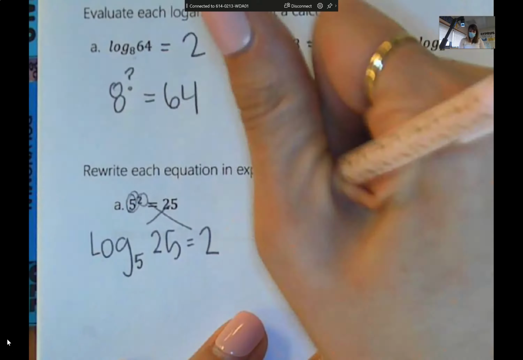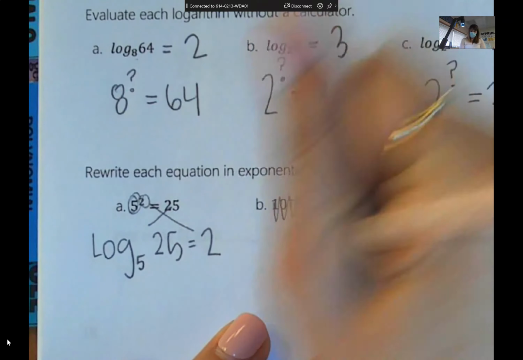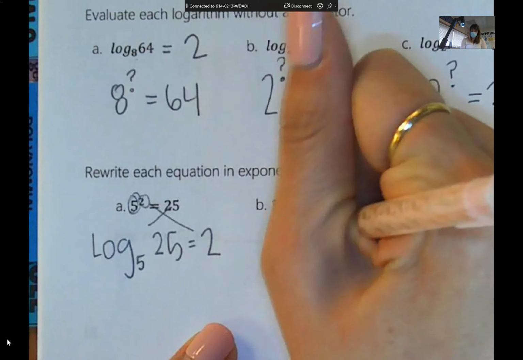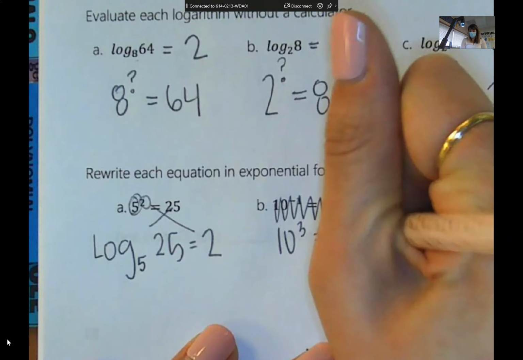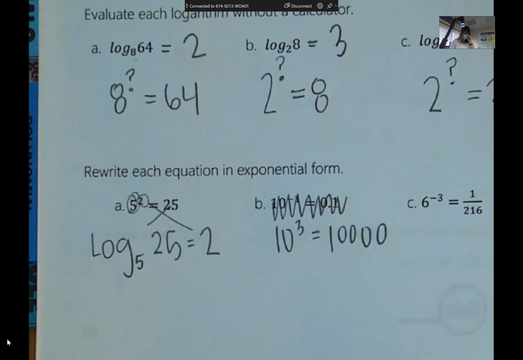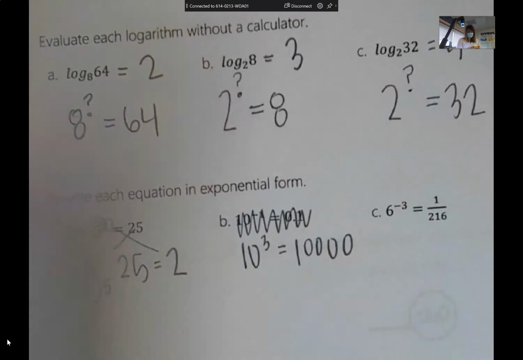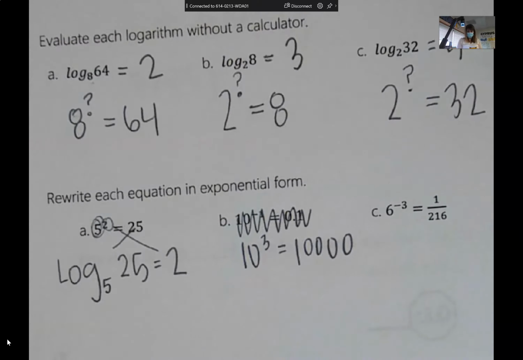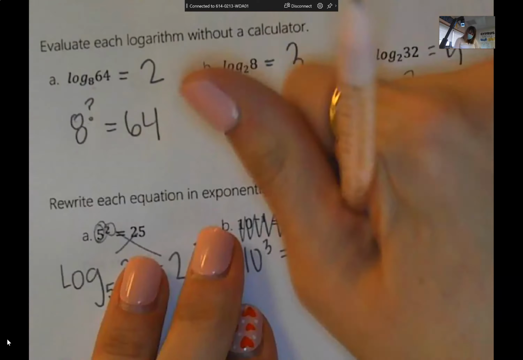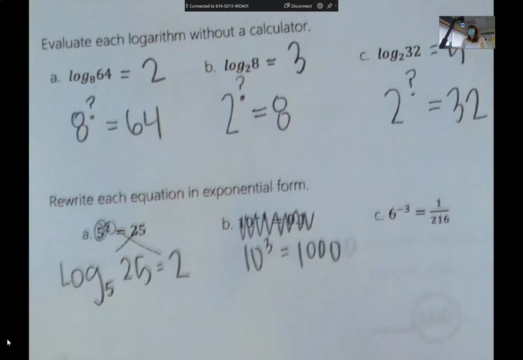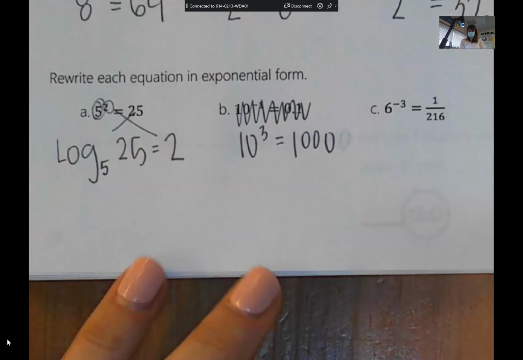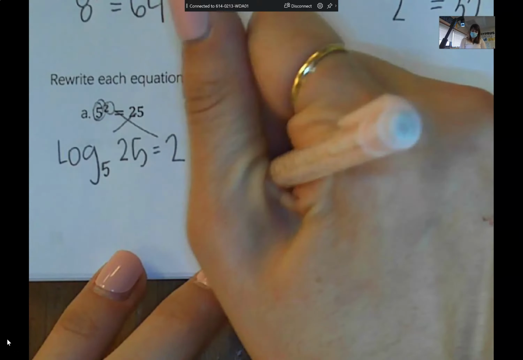Let's do a different one here. Let's do 10 to the 3rd is 1,000. Actually, I think it's 10,000. Let me just verify. It's 1,000. Okay, so this would become log.